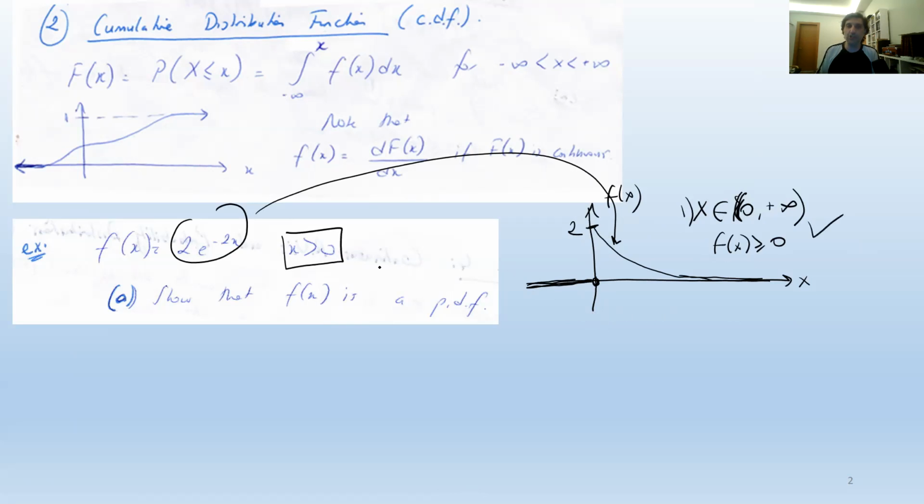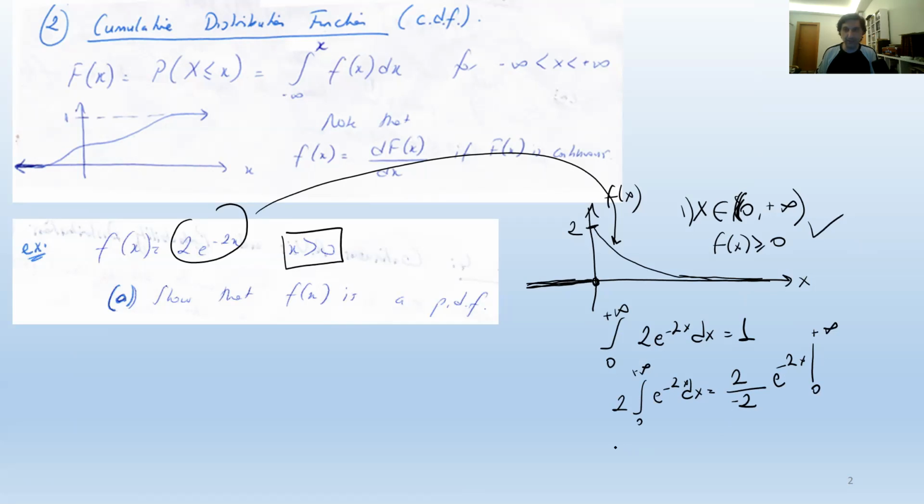Now the second condition, the integral from 0 to plus infinity of 2 exponential minus 2x dx should be equal to 1. Let me not be lazy and write all the intermediate steps. It is 2 over minus 2 times exponential minus 2x from 0 to plus infinity.